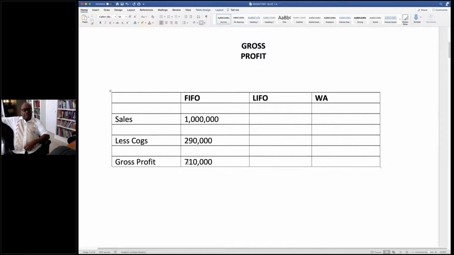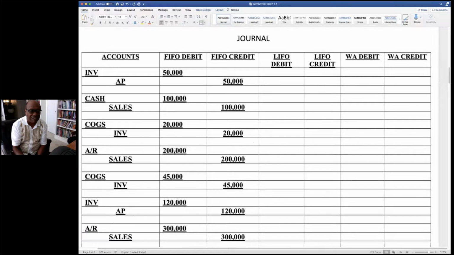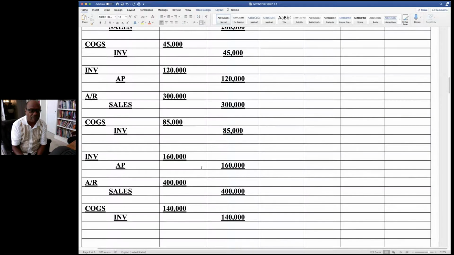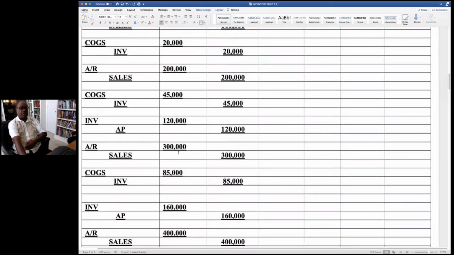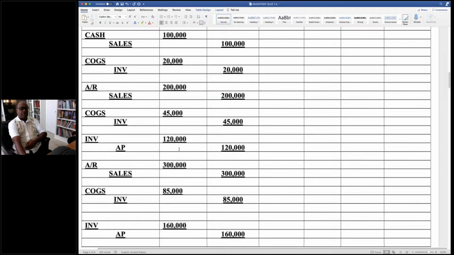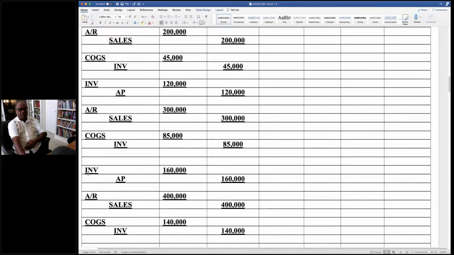Okay, can you scroll down to the journal entries again? The ones that we made for this. Remember, the accounts are basically staying the same. When we buy the inventory, one journal entry.